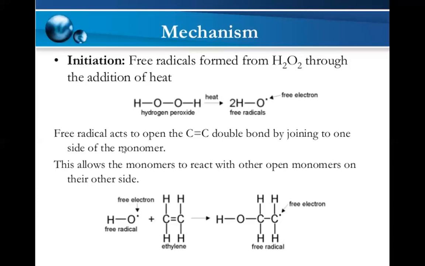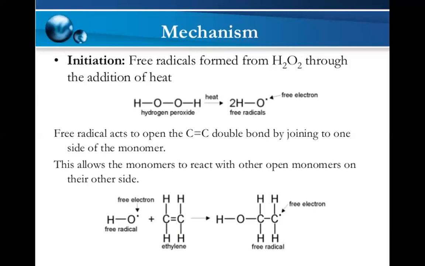This free radical acts to open the carbon-carbon double bond by joining to one side of the monomer. That means the free radical formed here reacts with the carbon-carbon double bond.